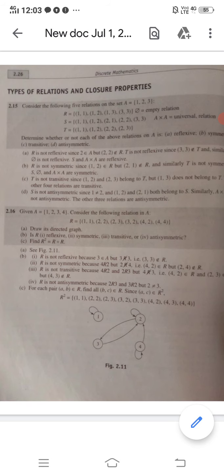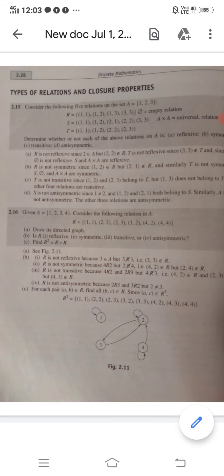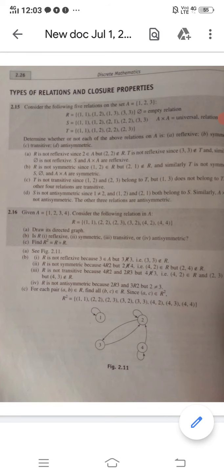The condition of transitive is: if (a,b) is here and (b,c) is here, then (a,c) should be here. So let's check R. R is transitive, because in R there is no case with (a,b) and (b,c) both present, so the condition does not occur.